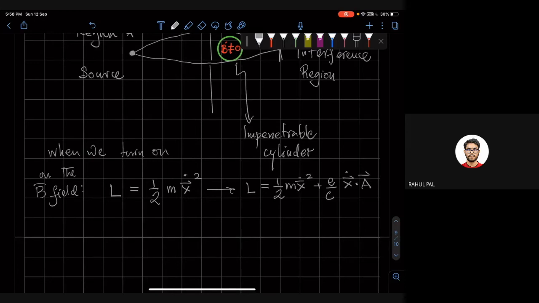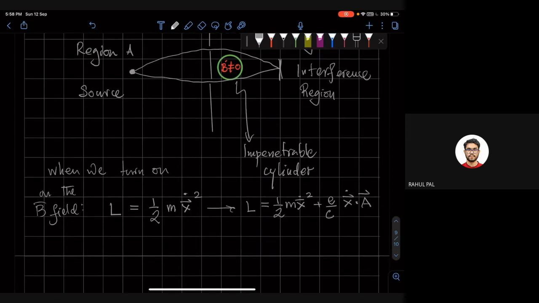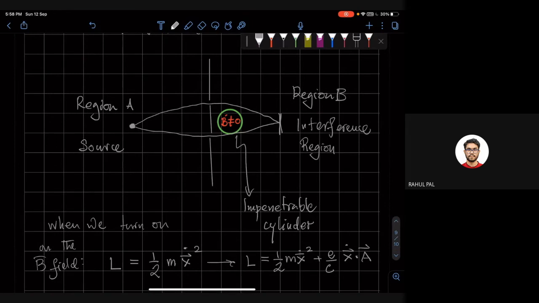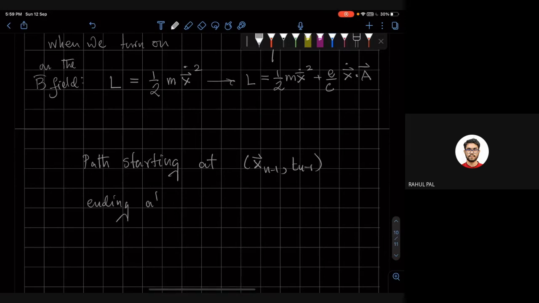Right. And then, let's suppose that we take a very short path, and suppose we look at the path starting at x_{n-1} at t_{n-1} and ending up at x_n, t_n, okay?